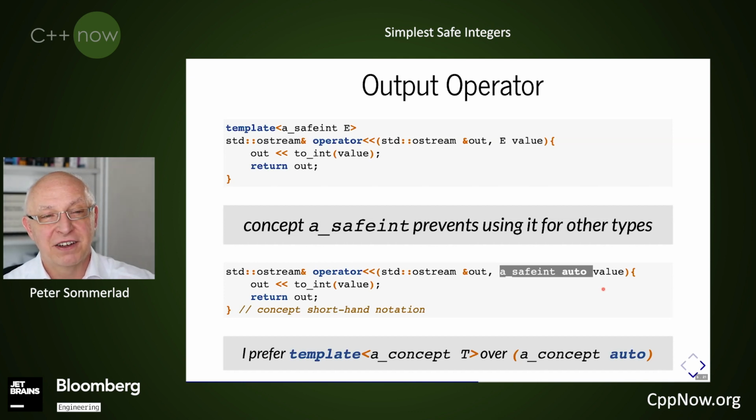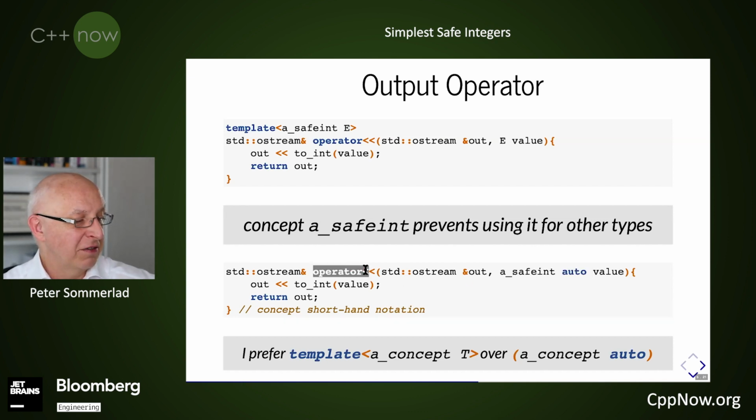But again, it's easy to miss that you actually define a template function here that adds to the corresponding overload set. So I'm a little bit torn. The shorthand is convenient, but it's also hiding the fact that this operator function is actually a function template. But your mileage may vary, and maybe in the future my opinion will change, and I'll be doing auto everywhere.